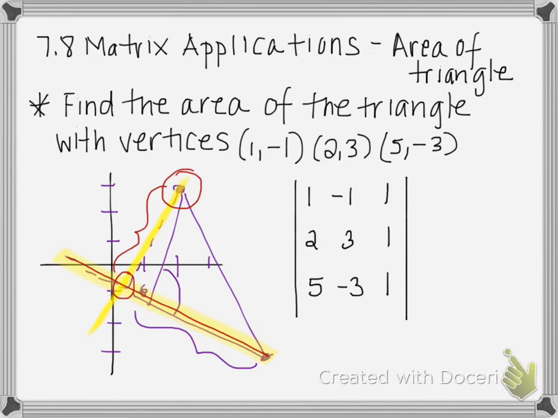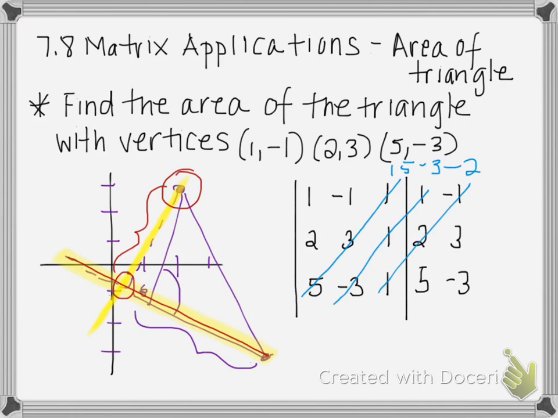So we're going to find the determinant of this matrix, and I'll go ahead and set that up really quickly here. I've set it up using the additional 2 columns, and we're going to use the diagonal method. You'll recall that we multiply across this diagonal and get 15, across this diagonal and get -3, across this diagonal, -2.